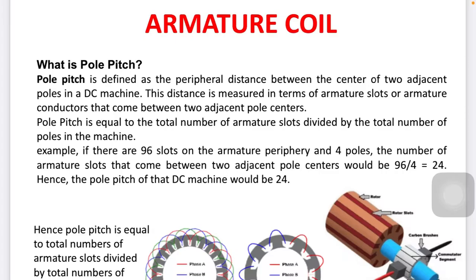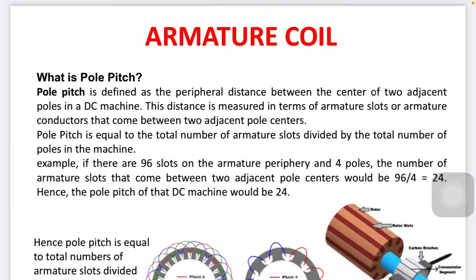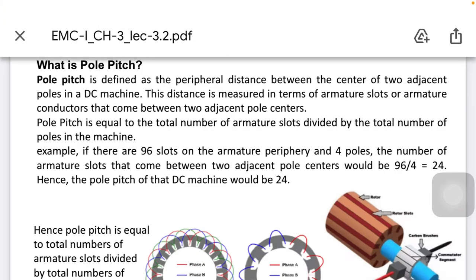As the name suggests, we have stator poles, the field poles, having some windings. Definition-wise, it is the peripheral distance between the centers of two adjacent poles.